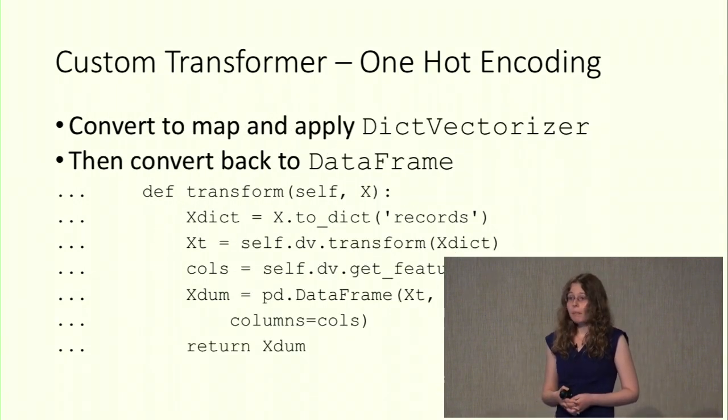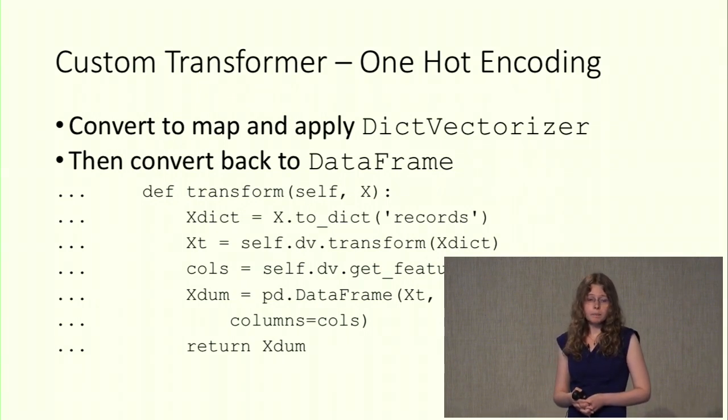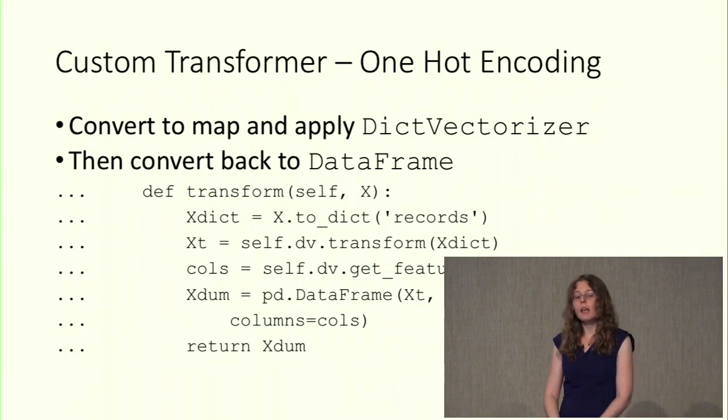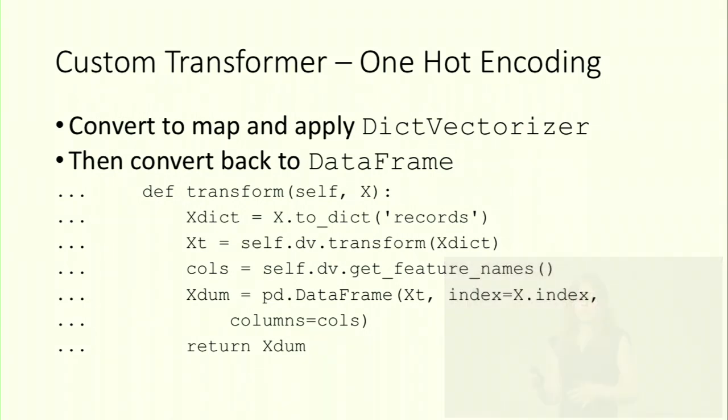In the transform method, we again turn our data set into dictionary records, and then call transform on that internal transformer, and go grab the feature names that it produces. So this will say, like, event park location equals Magnuson, event park location equals Gasworks. And pull the index from the original data set and just throw those back on and turn it back into a data frame.